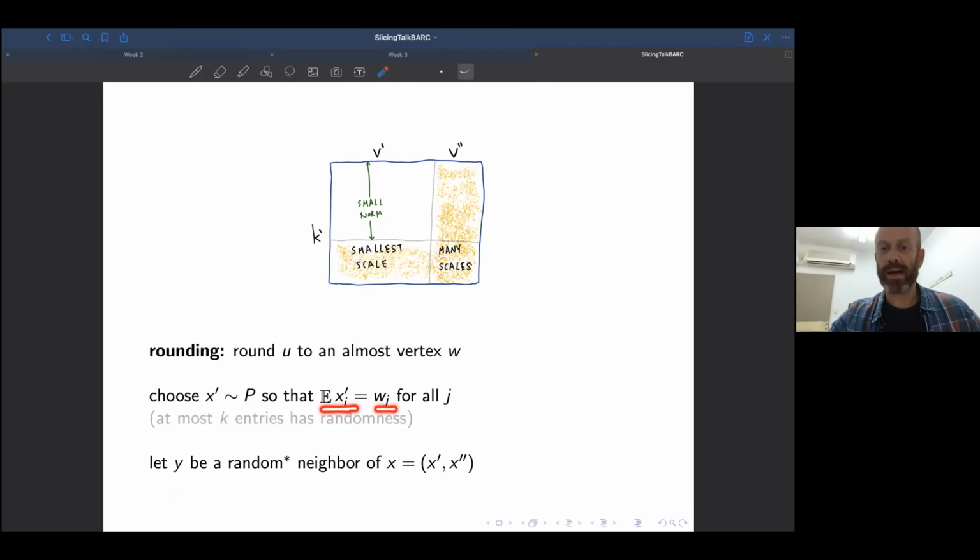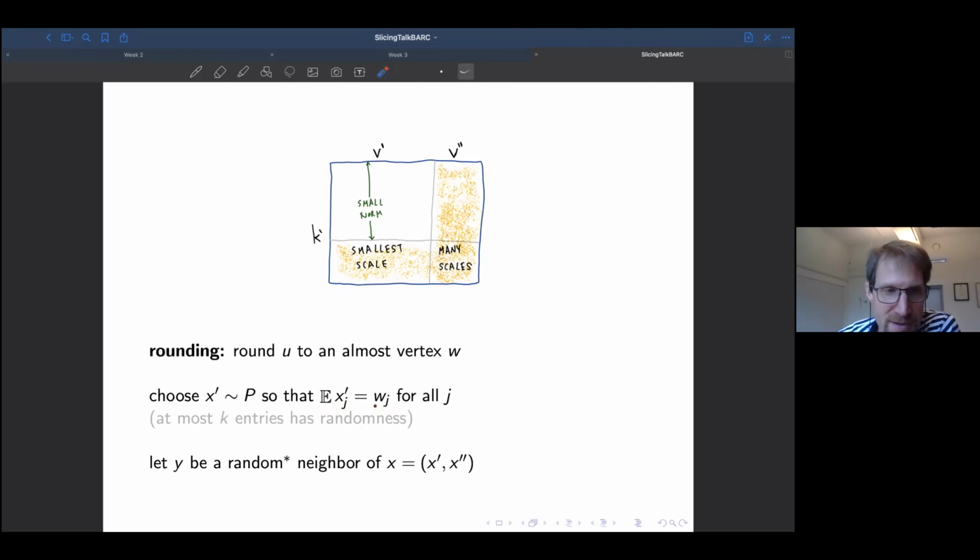If W1 is 0, it will be 1/2 to 1 and 1/2 to minus 1. If W1 is 0.8, it will be 0.9 to 1 and so on, modulo the affine shift. So there is a unique distribution of this sort.